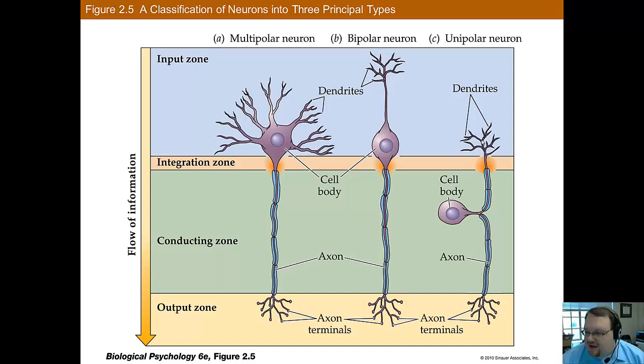So you have the dendrites up here, you have the integration up here, outside of the cell body, which is uncommon. And then it shoots down the axon like this. Again, you see these a lot with sensing touch information. So those are the three main different types of neurons that you'll need to know about.